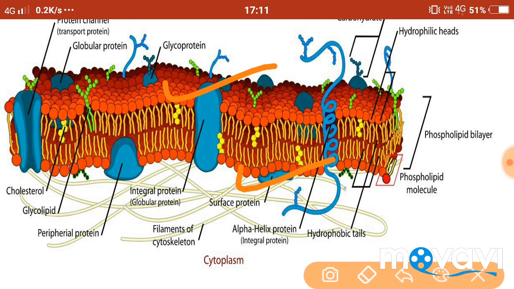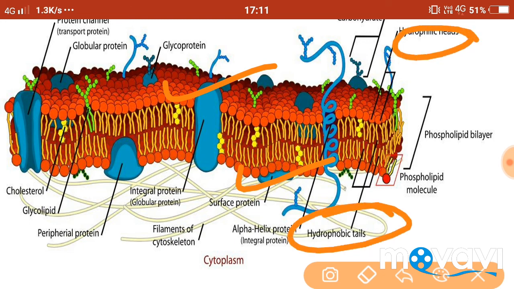They have special properties: they have two components. First is hydrophilic heads and the second is hydrophobic tails. The hydrophilic heads are present in the extracellular matrix, the outside of the cell, and inside the cell in the cytoplasm.